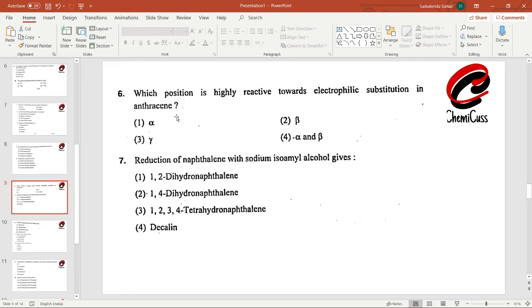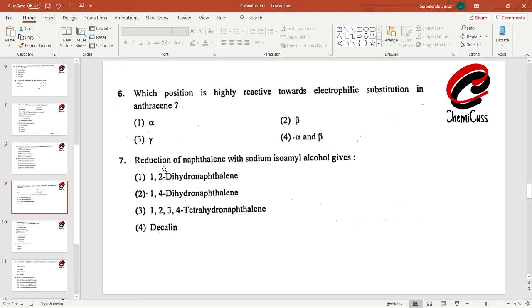But in anthracene, electrophilic substitution occurs at the 9 and 10 positions, which are the top and bottom carbons of the middle ring. That's why this position is called the gamma position, not alpha or beta. So for question number 6, the third option is the correct option.